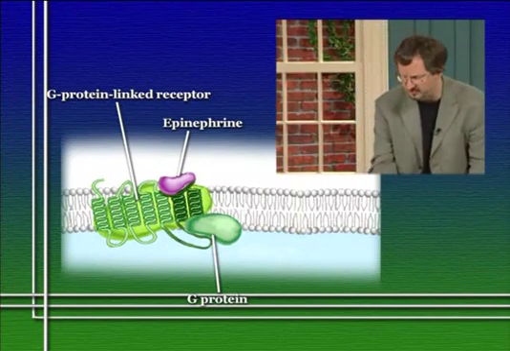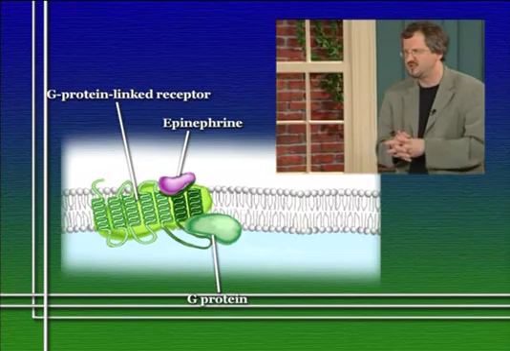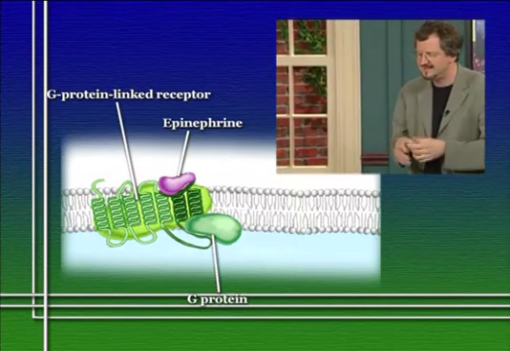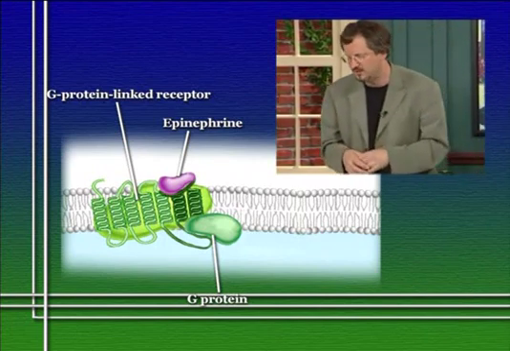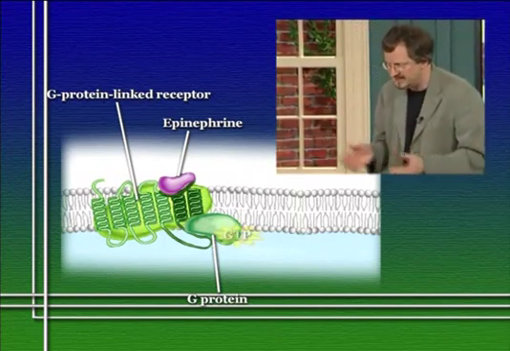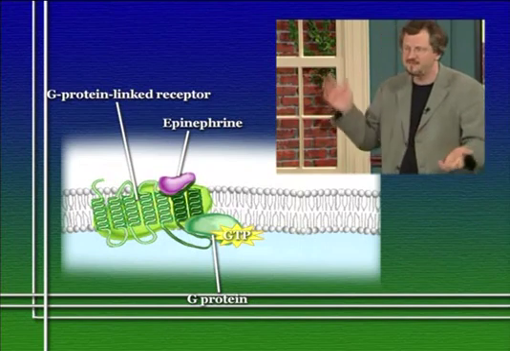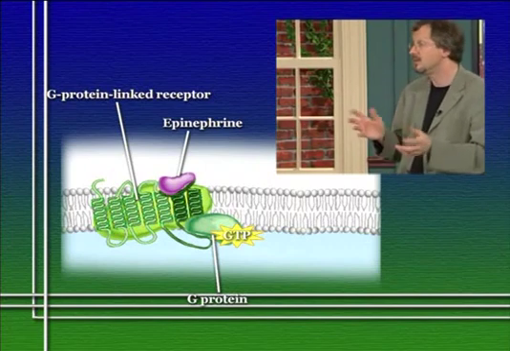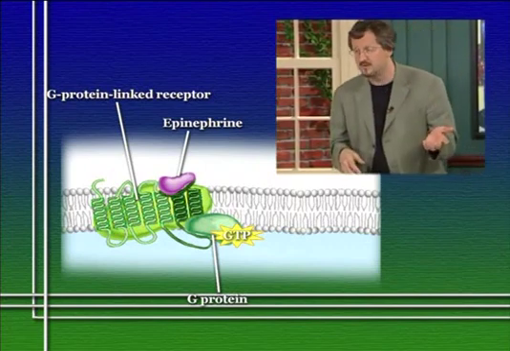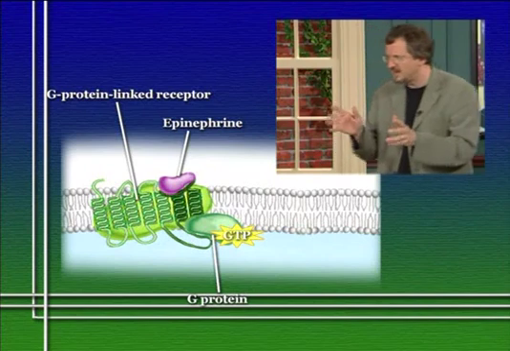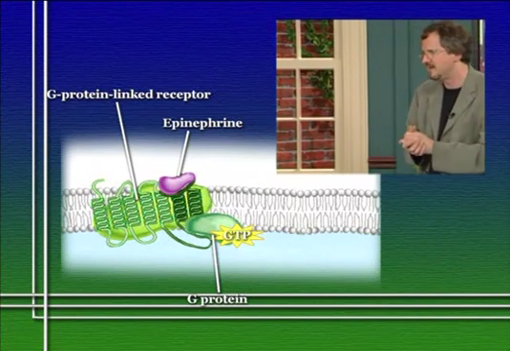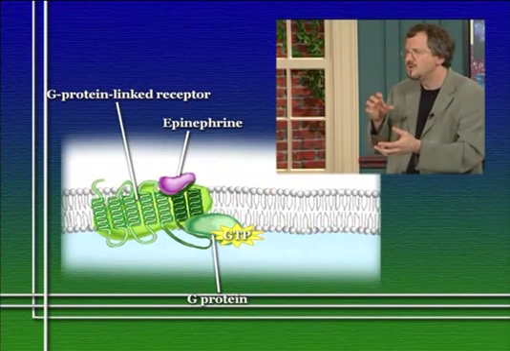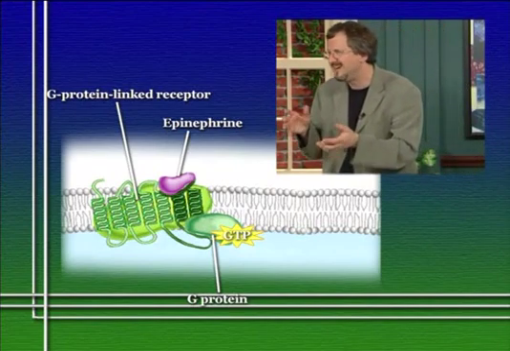Now there's a little detail because it's a little more complicated than just the G protein changing its shape. Actually, what happens is that it also binds yet another molecule, called GTP, which stands for guanosine triphosphate. This is a small molecule that's chemically related to the nucleotide guanine that we've seen earlier in our discussion of nucleic acids. And I don't want to go into the specific mechanisms now, other than to say that it's this binding of GTP to the G protein which essentially turns that G protein on.